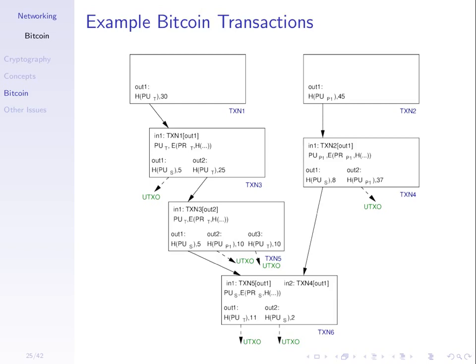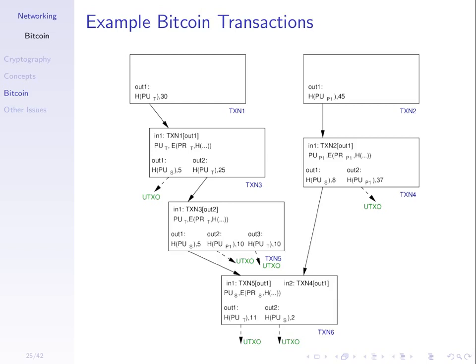So I create transaction 6, but here's a special case. There's 2 inputs. Transaction 5 sent 5 to Steve. Transaction 4 sent 8 to Steve, so that's 13 in total. So there's 13 coming in to transaction 6. 5 from this transaction, 8 from this transaction, 13 in.